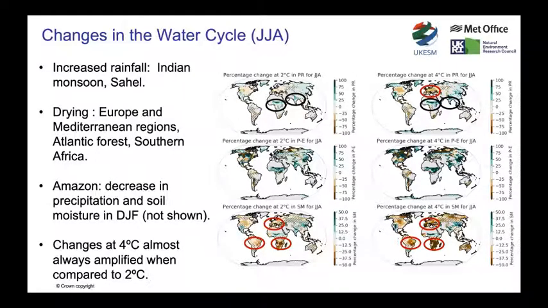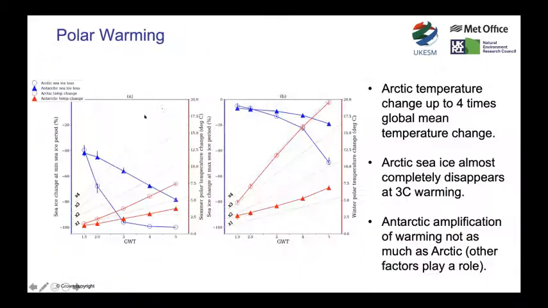We also noticed that changes at 4C are almost always amplified compared to 2C, almost double the change we see at 2C. So that's motivation for us to keep it at 2C and put mitigation in place to prevent going to 4C.